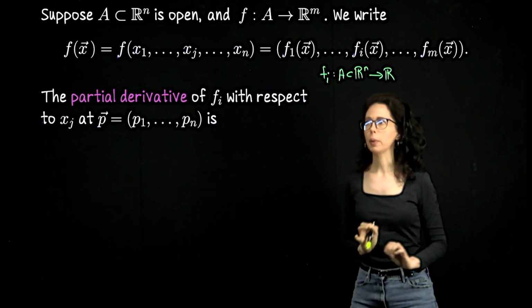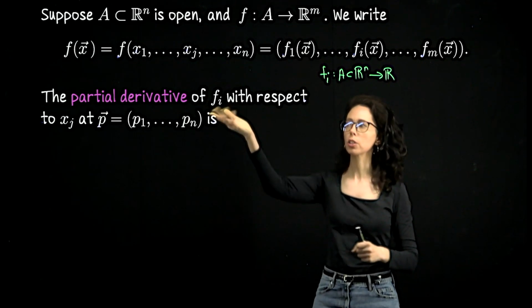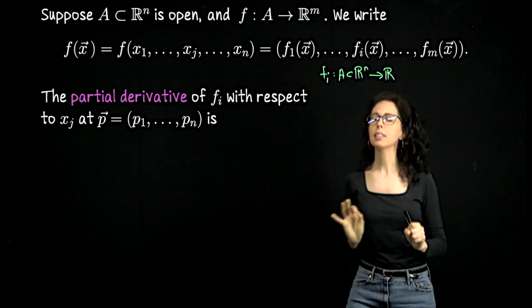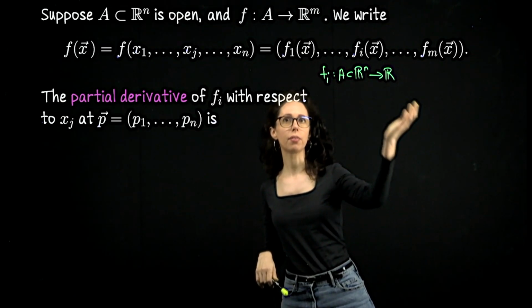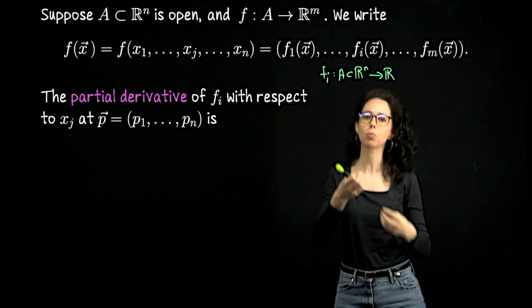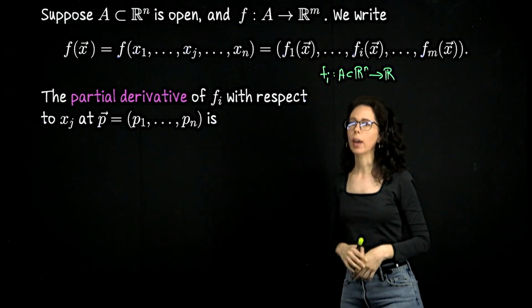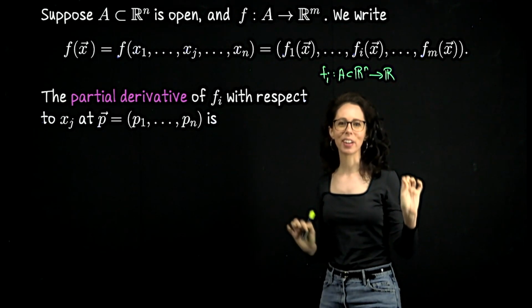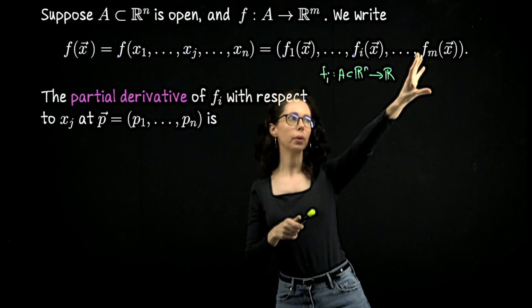So be careful, because if you're just taking partial derivatives, it might be tempting to say, oh, the partial derivative of f with respect to x doesn't exactly make sense if f is vector valued, but you can take the partial derivative of all of the coordinate functions. They are all scalar valued, so it makes sense to say, well, what is the rate of change with respect to, say, an input? Okay, so be careful with your notation here, your subscripts. We have n inputs, m outputs.